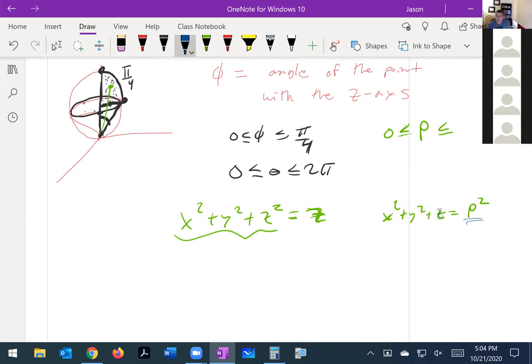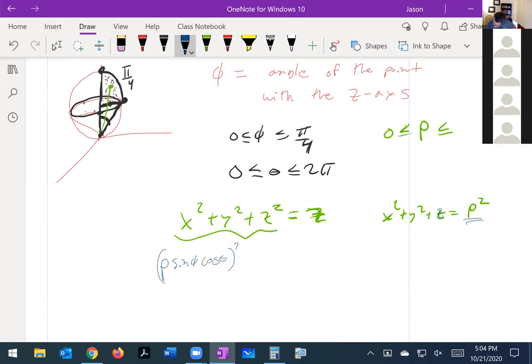I don't know. Let's prove it, Charlie. I don't like to leave things up as an open question. How did they get that to be rho squared? How did they get these spherical coordinates to begin with? Some mathematician 300 years ago just came up with a brainchild that says x is rho times the sine of phi times the cosine of theta.